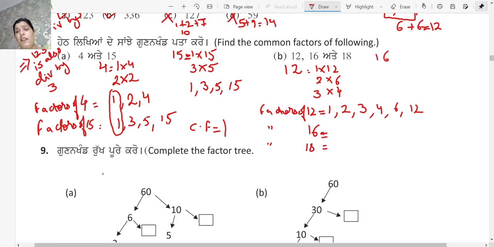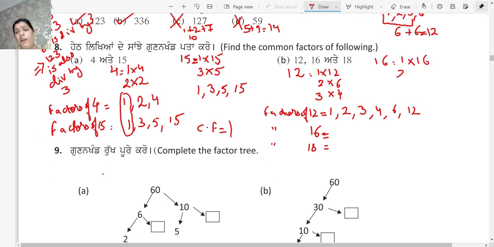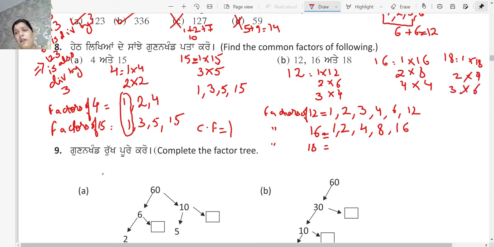For 16, I will write it as 1 multiplied by 16, 2 multiplied by 8, then it is not divisible by 3, then 4 multiplied by 4. So 1, 2, 4, 8 and 16. And for 18, 1 into 18, 2 into 9, 3 into 6, not divisible by 4 and 5.